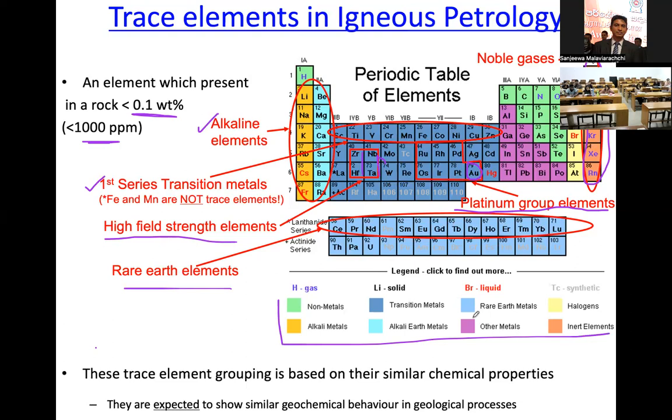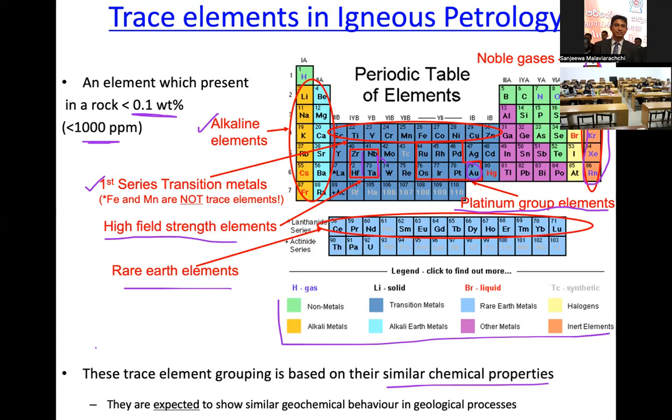At the A levels, maybe you didn't consider all these elements, but those who did chemistry in the first year must have learned about these different categories, but maybe not this geochemical classification, right? This is geochemical classification, these separate groups. So their similar chemical properties were taken into consideration in categorizing these elements into groups.